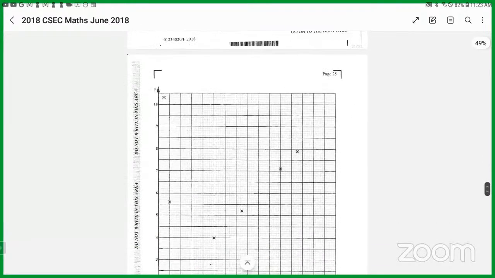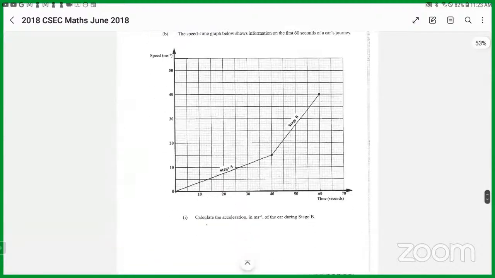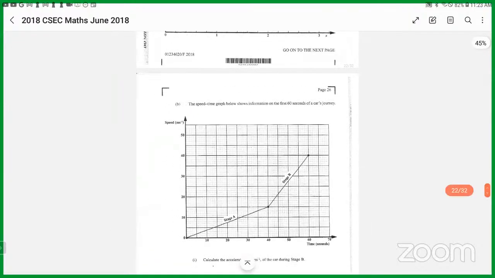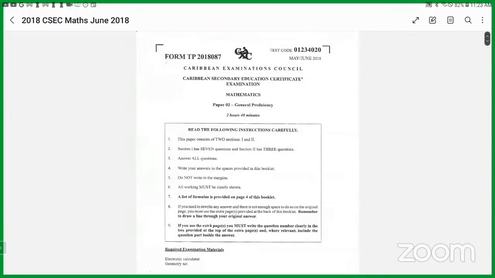No, not this paper. I gave you 8B on a different paper. Let me check. Hold on. Oh, just 2A and 2B I gave you.